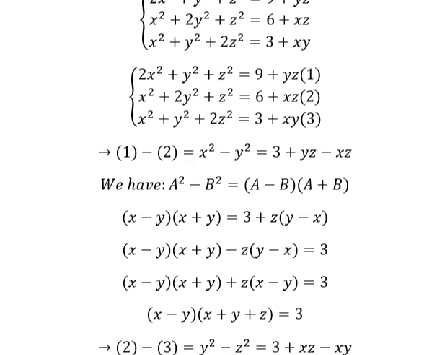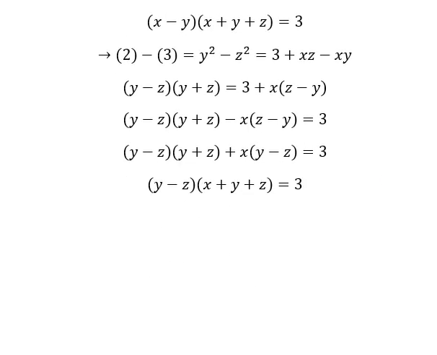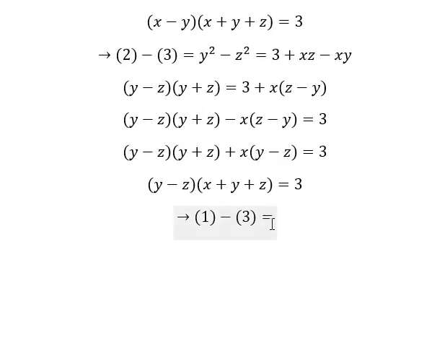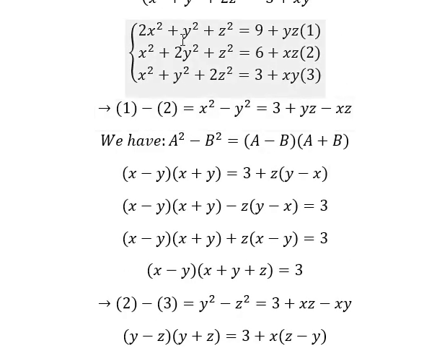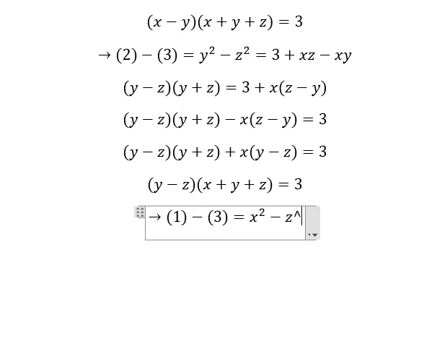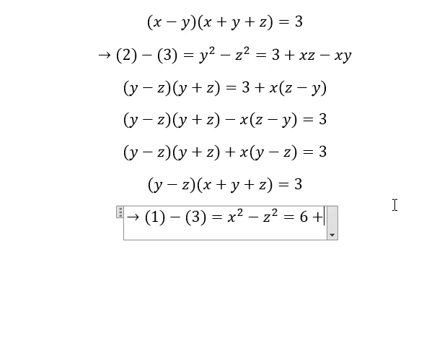Now let's go to the last one. So I will put number 1 minus number 3. So in this one, we have this one minus this one, so we have s squared. Y squared minus y squared, they cancel. This one minus this one, so we have negative z squared. Number 9 minus number 3, we have number 6. This one minus this one.